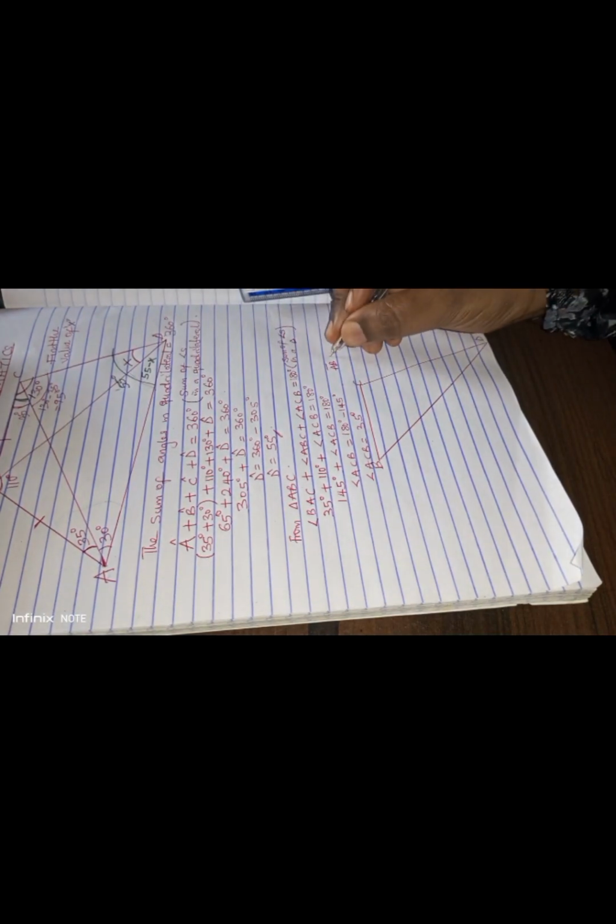So now here is B, here is C, and here is D. So from here, we know that line AB from triangle ABC is the same thing as line BC.